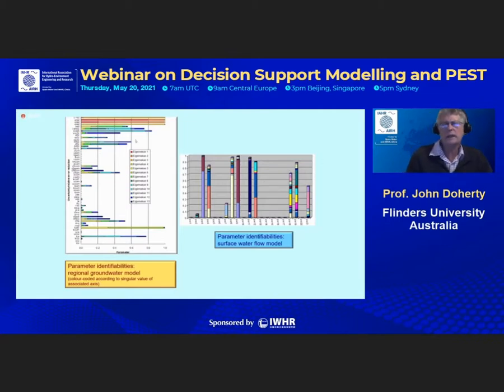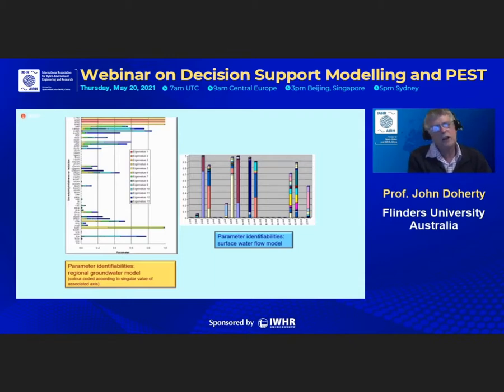But we can give each parameter a rating called the identifiability of that parameter. If the identifiability of a parameter is 1, then it can be estimated uniquely on the basis of the calibration data set. If its identifiability is 0, the calibration data set says nothing about it.